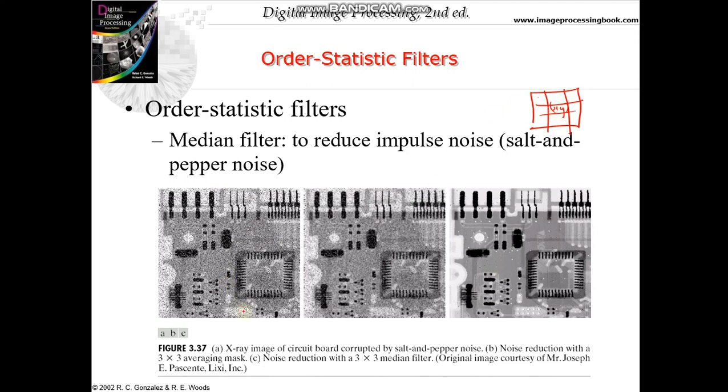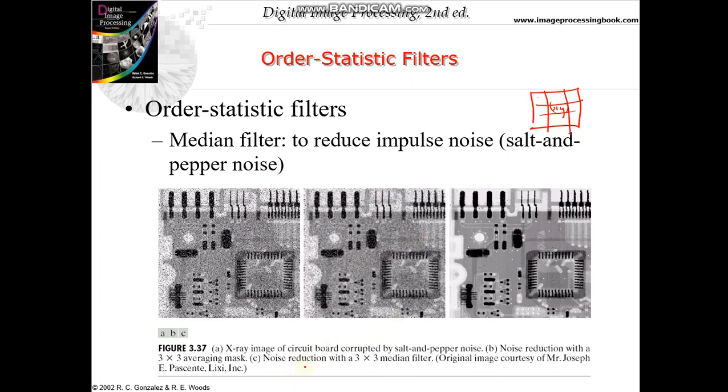This is an example of an X-ray image of a circuit board corrupted by salt and pepper noise. Salt and pepper means we have white noise as well as black noise. This is noise reduction with the averaging filter mask. We can see most of the noise is not removed and is still present. It is only doing an averaging.